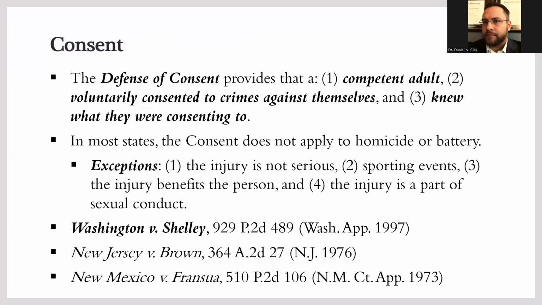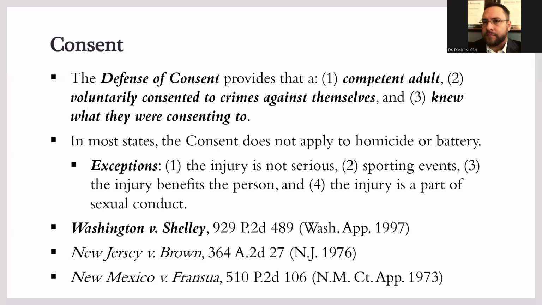So the last justification defense we'll talk about is called consent, right? Consent is this idea that as grown adults, you are capable of consenting to certain crimes against you, as long as you are a competent adult.